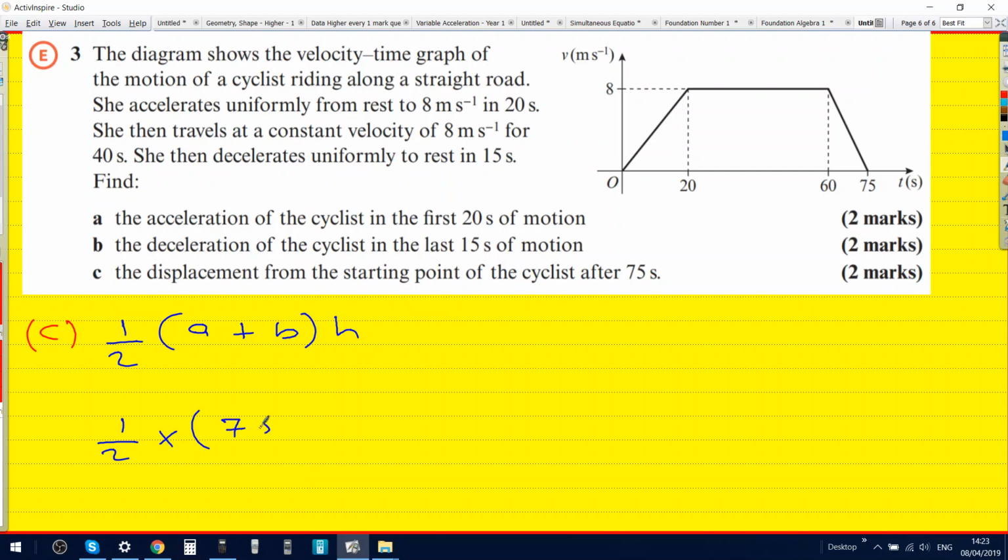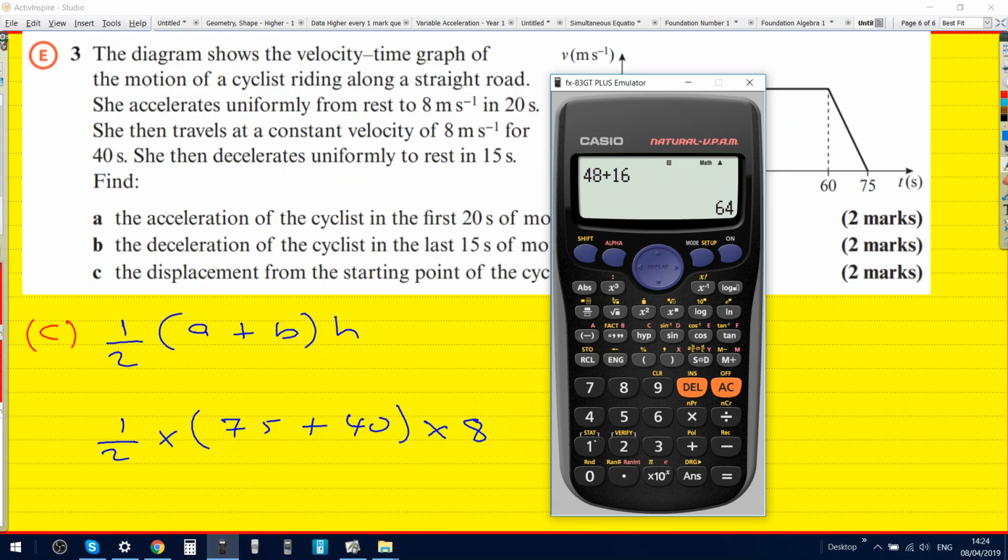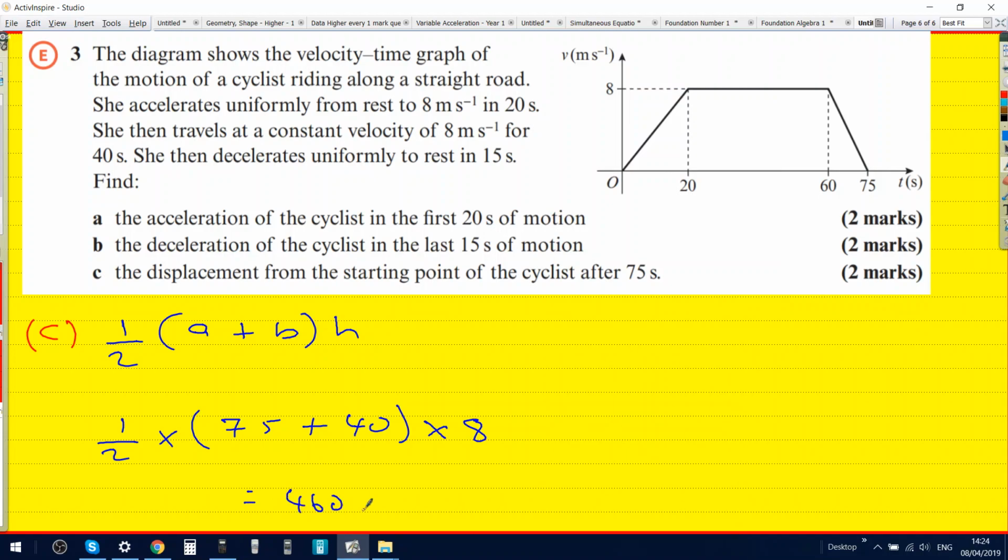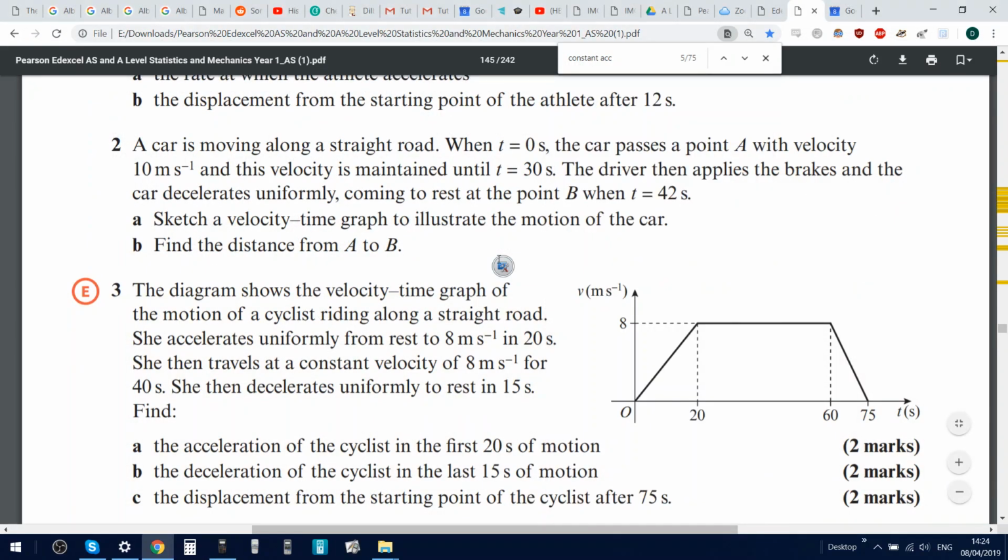Yeah. And perpendicular height? That's 8. Yeah. Okay, calculator, try that. 460. That's it. Well done. 460 meters.